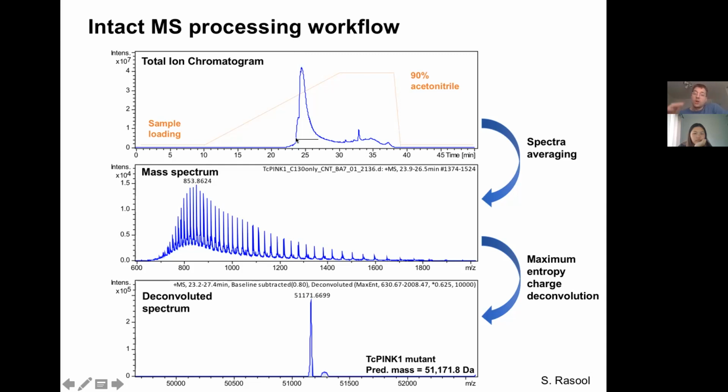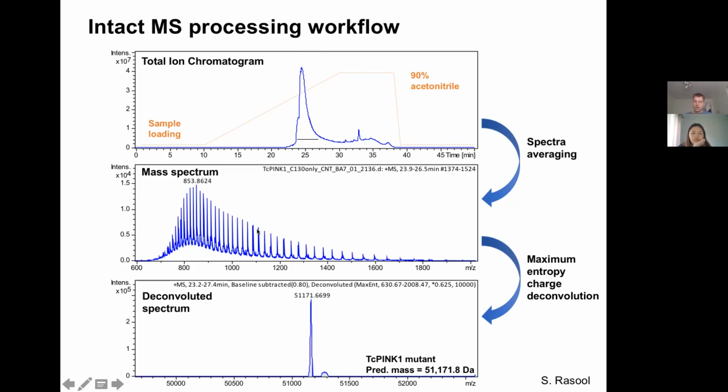What we're going to do is take the total ion chromatogram, which is the intensity of all ions at a given time, and then average the spectra across the peak to see what ions are composing this TIC peak. This is the mass spectrum that is composing this peak. If you look, it looks similar to the myoglobin example before.